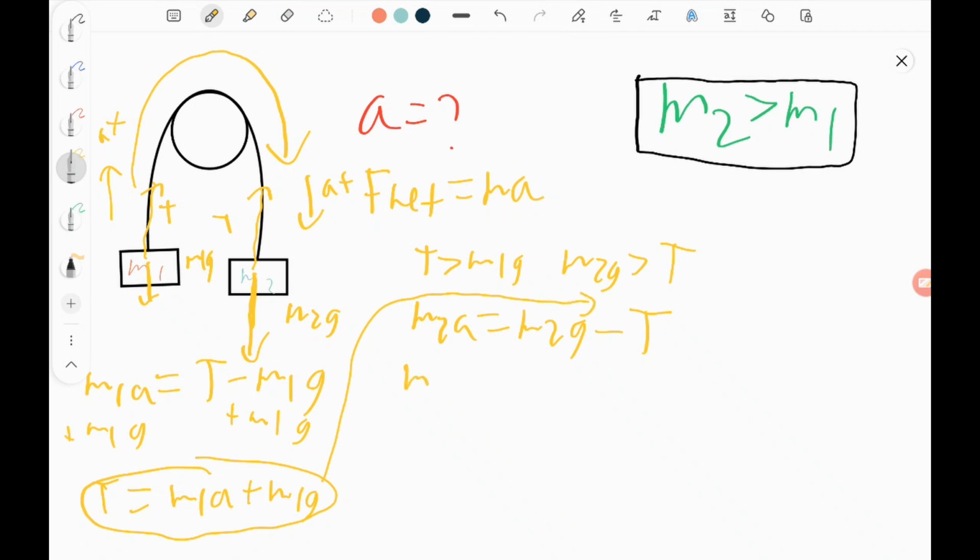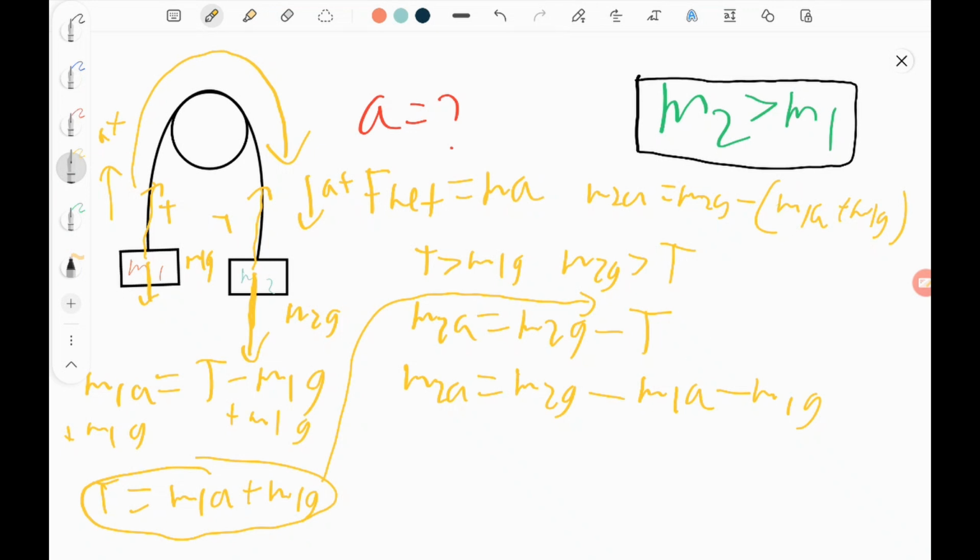So we get that M2A is equal to M2G minus, and we need to make all these terms negative because we have a negative sign, so minus M1A minus M1G. So putting the parentheses around, it would look like M2A is equal to M2G minus the quantity M1A plus M1G. And when you distribute this, it will turn out like this.